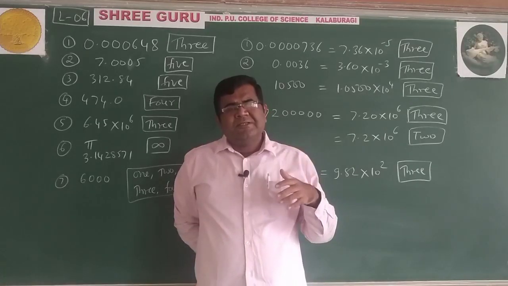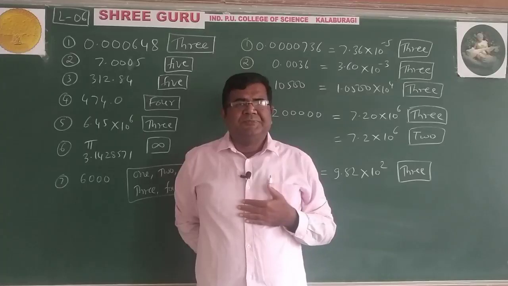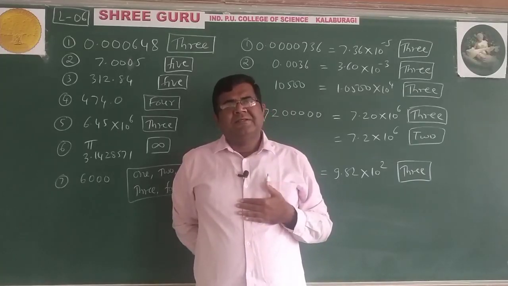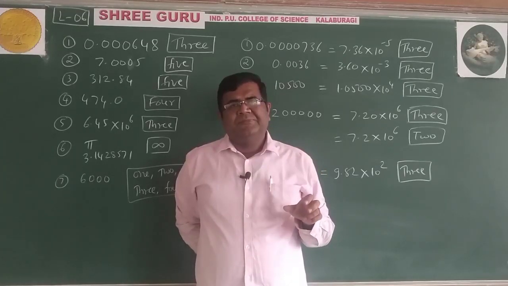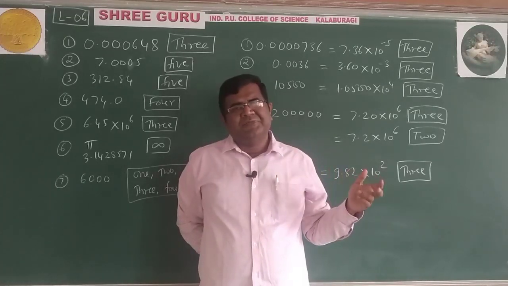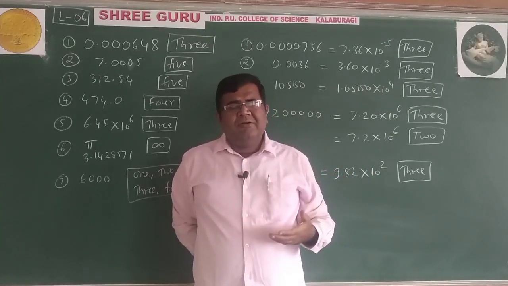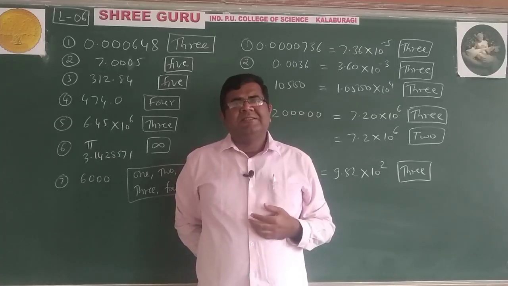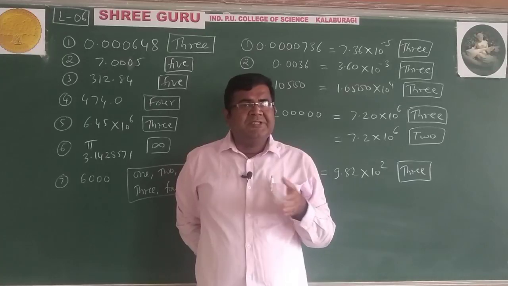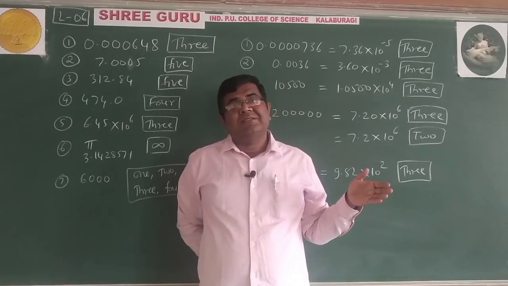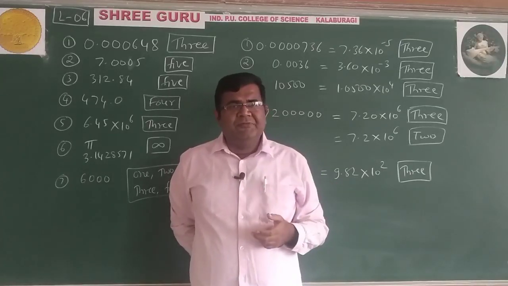So due to these uncertainties, whenever we report the result, that result contains some digits which are certain plus one last digit which is uncertain. From that we developed a concept called significant figures, which is a combination of certain digits plus one last uncertain digit. Then we have seen certain rules for significant figures.